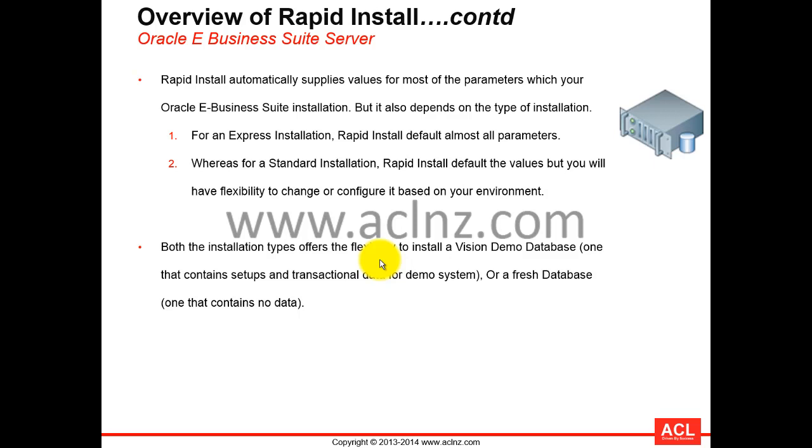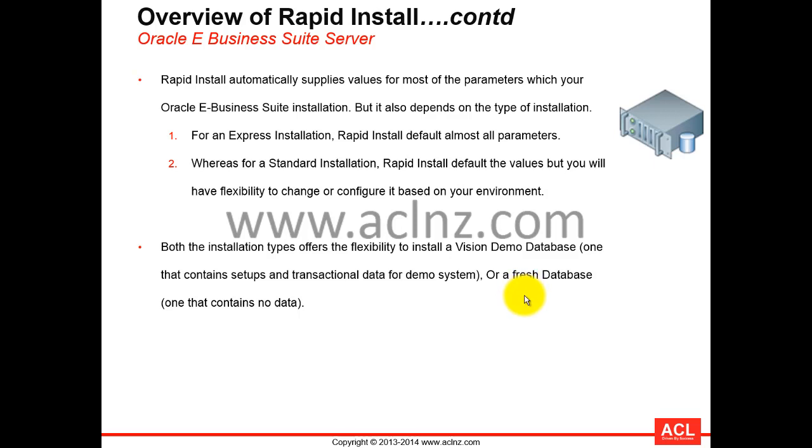This is a database which is usually used, as the name suggests, for demonstration purposes or potentially for internal training purposes. The other usage of the Rapid Install wizard is that it can also be used for installing a fresh database which can be used for a production environment.